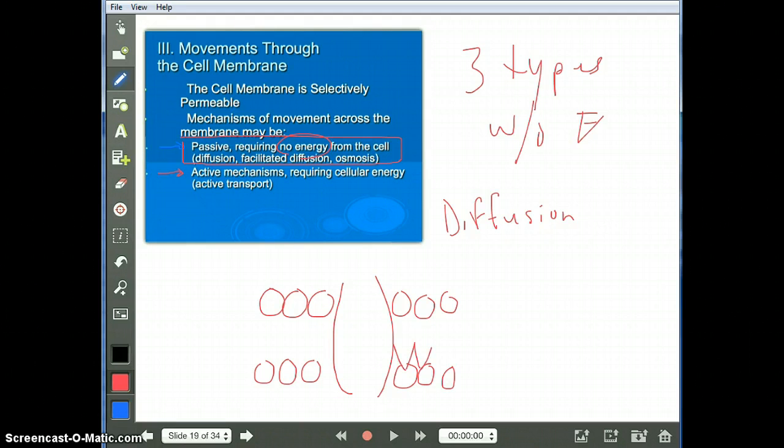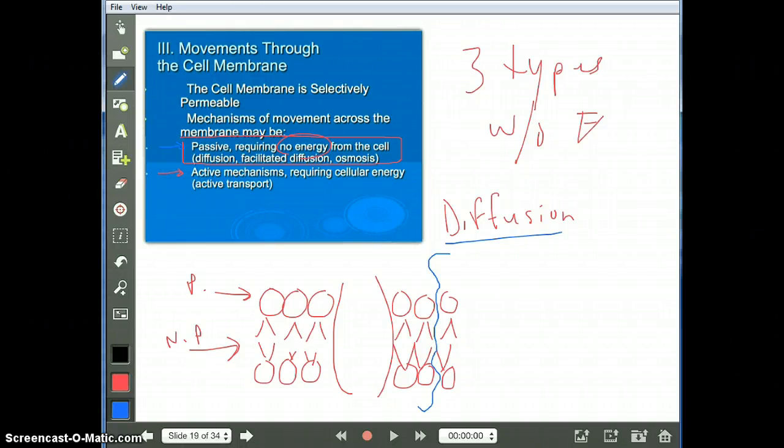We've got all of these little phospholipids in here. Remember, non-polar, polar phosphate groups. If I'm talking about simple diffusion, movement of any particle from high to low, those particles simply can pass right on through without help. That's what we're talking about in simple diffusion.